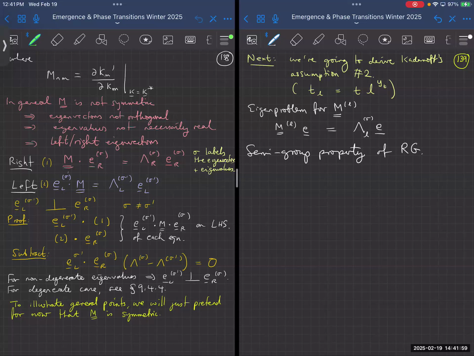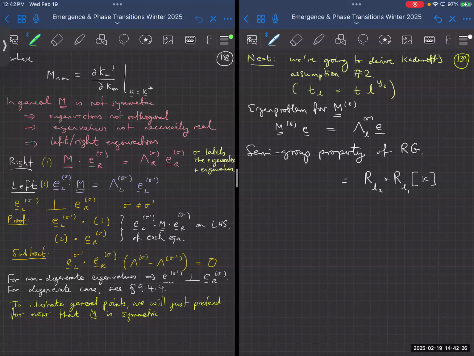So what was the semigroup property? Well, remember what we do is we start off with a system with some set of coupling constants K, and then we do a renormalization group transformation up to scale L1. And then let's suppose we say, well, that's great. Now let's do another renormalization group transformation up to a scale L2.